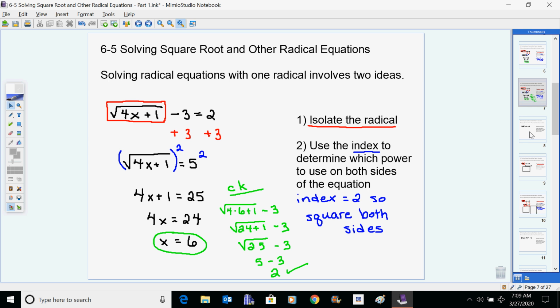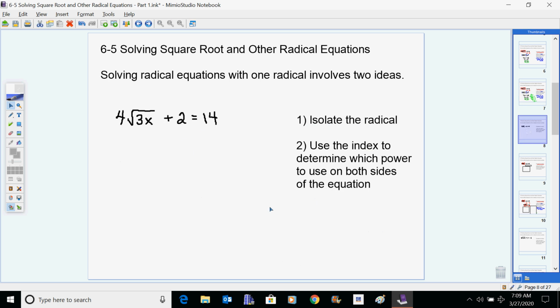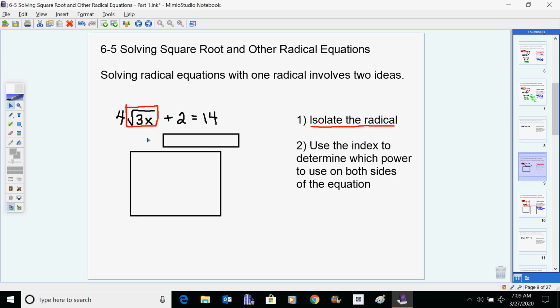It's the same basic pattern. What I would like you to do is anticipate this yourself and see what you can do with it. If you need to pause and see what you can do and then check in on the answer, that would be great. Once again, we're working to isolate the radical, which I'm thinking about as a variable.